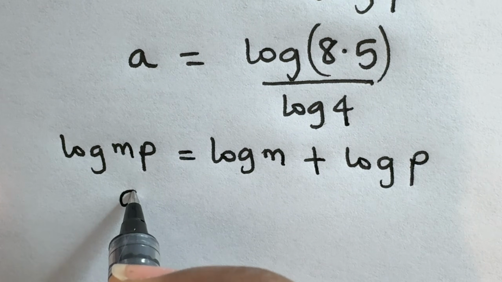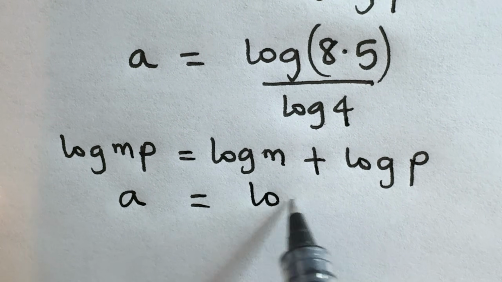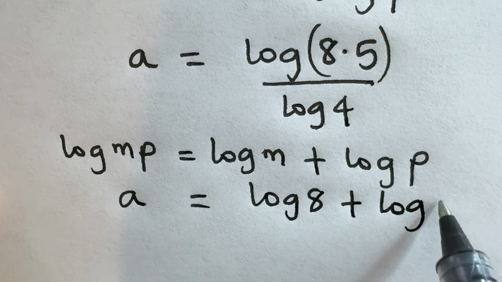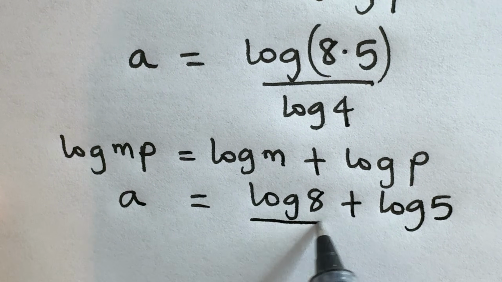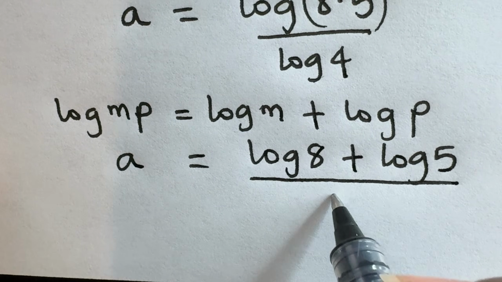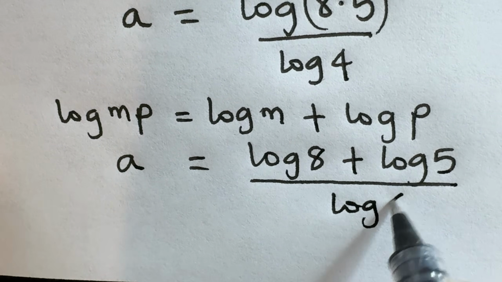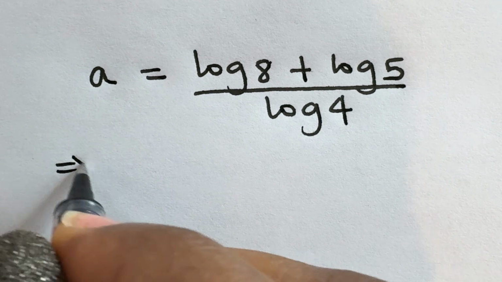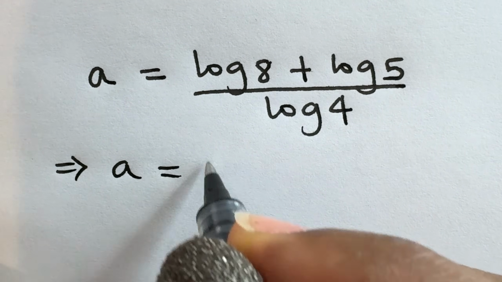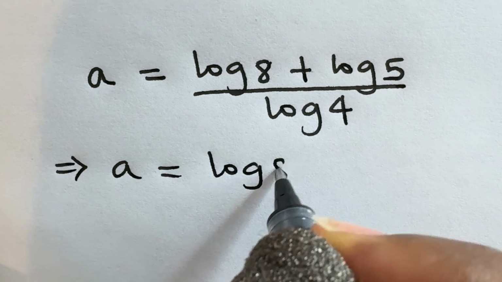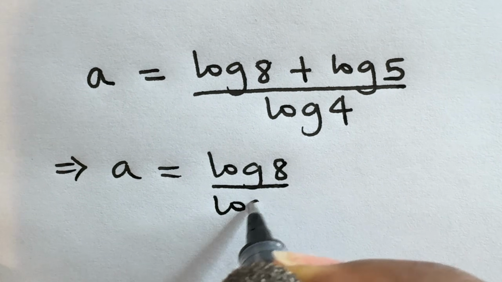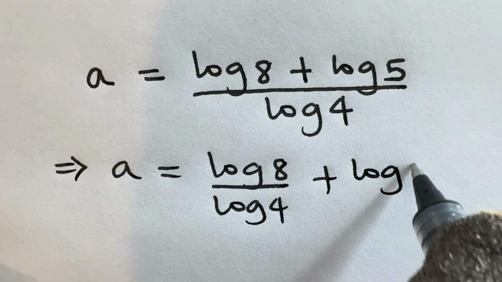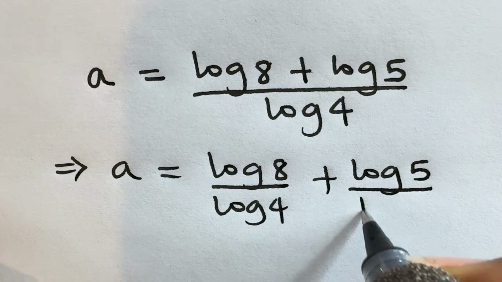So a becomes log 8 plus log 5, all divided by log 4. This would then imply a is equal to log 8 over log 4, then plus log 5 over log 4.